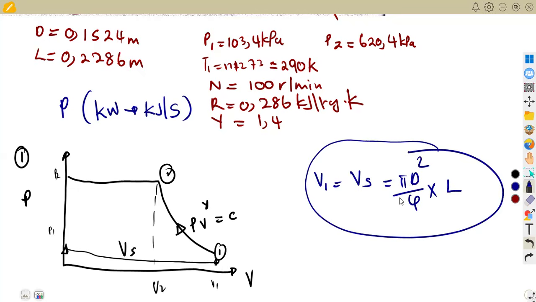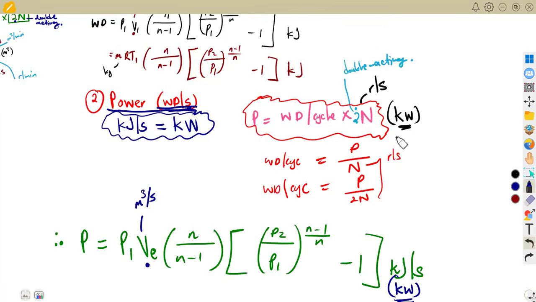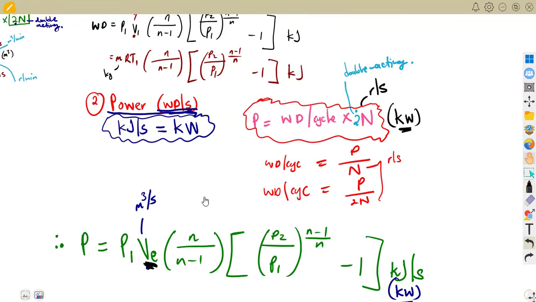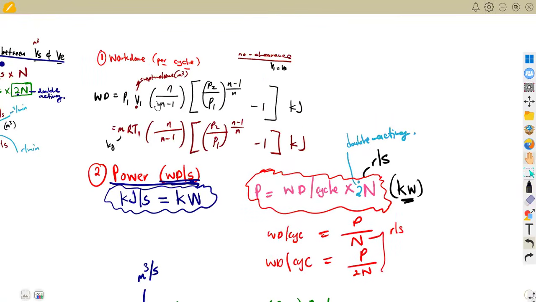But now the question was, we are supposed to determine the power. If you take a closer look at our formulas here, I said in order for you to have the power, you must have the effective volume, or you calculate the work done per cycle, then you use the speed at the end to calculate the power.